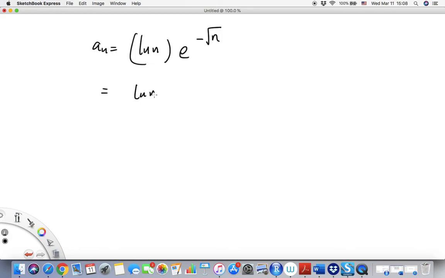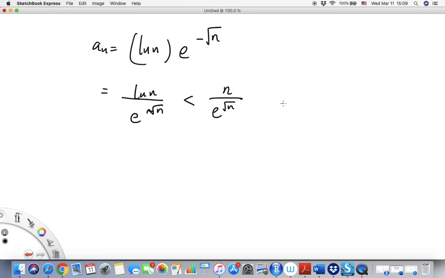This is log n over e to the square root of n, and we know this is less than n over e to the power of square root of n, because n grows much faster than log n. From here, it's probably already obvious that this should go to 0 pretty fast, almost exponentially fast. But we still need to prove that.